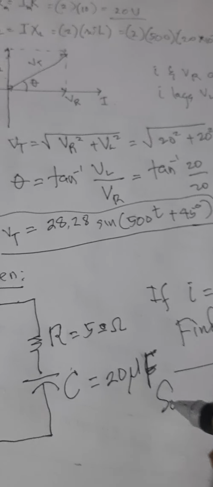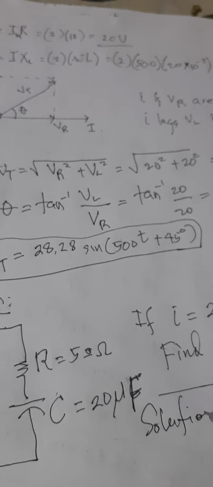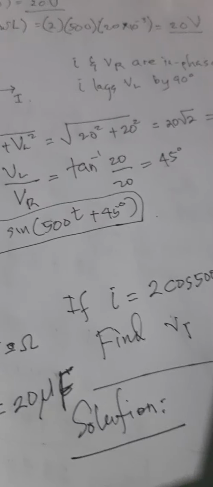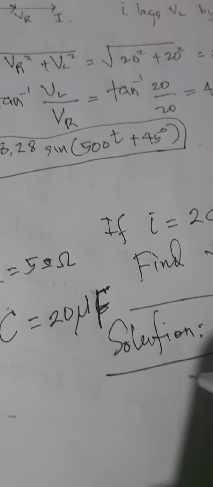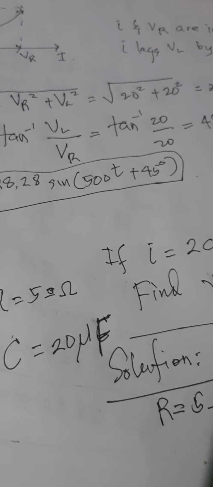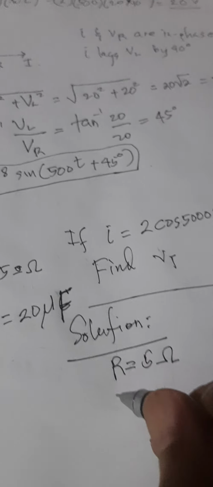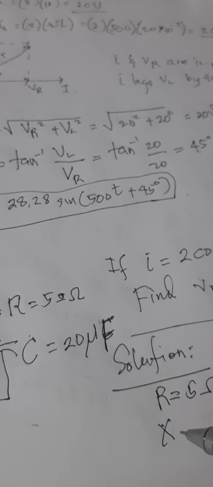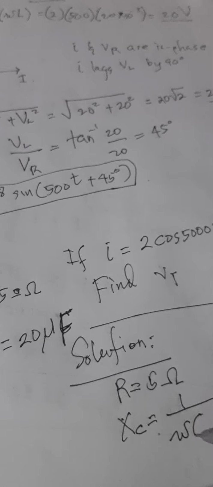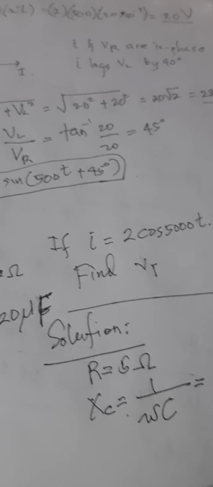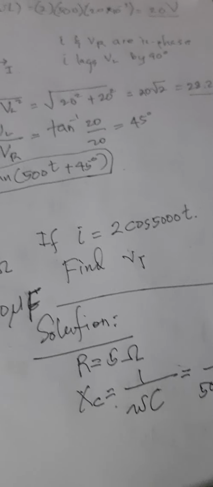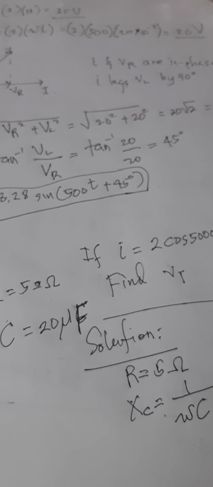Okay, kaya sa solution natin, gaya ng sa ginawa natin sa RL circuit, okay, consider muna natin value ng resistance is 5 ohms, then value ng XC is 1 over omega times C, that is 1 over 5,000 yung value ng omega.